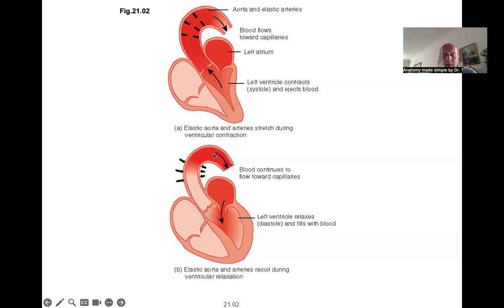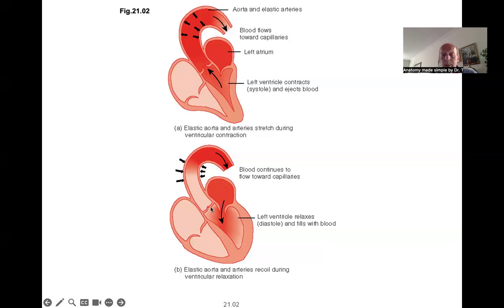Naturally, you're going to ask yourself a question: why blood doesn't go backwards into ventricle? Well, you can see on both upper and lower diagrams that there is some kind of physical barrier which prevents blood from being reversed backwards into ventricles.